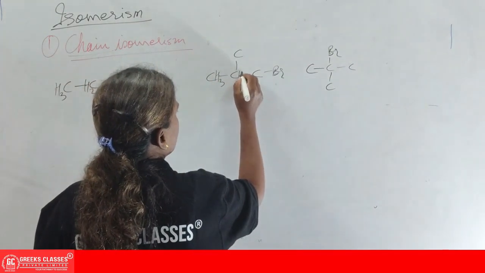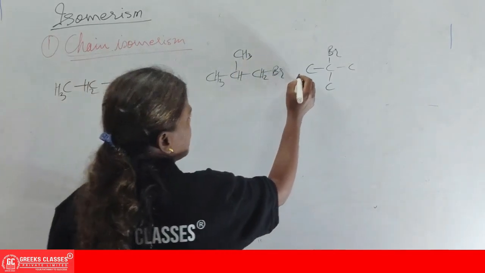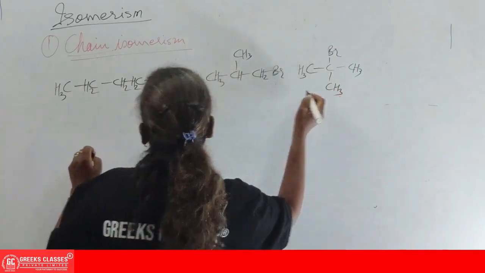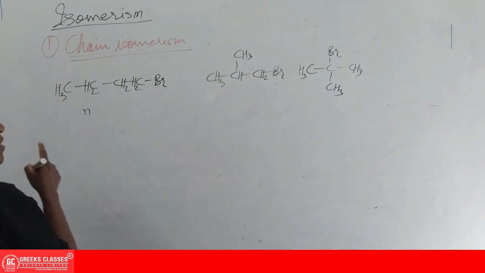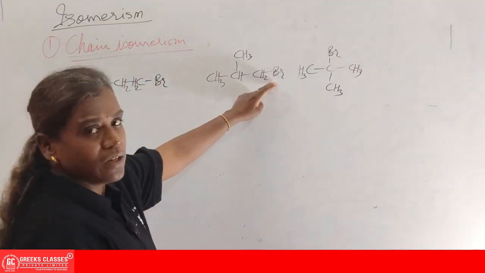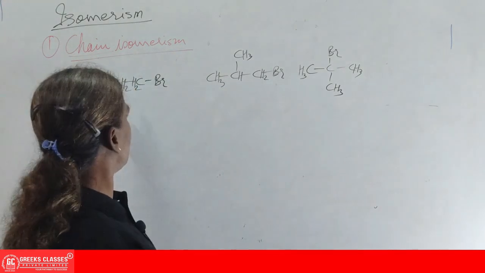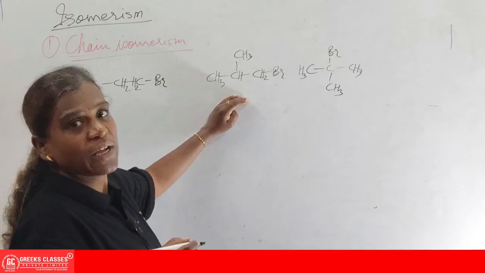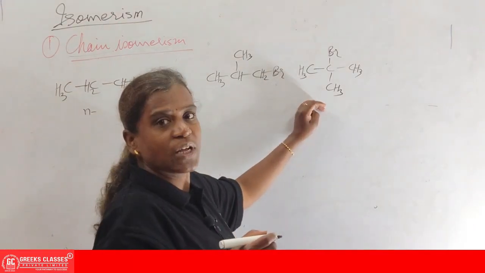Focus on carbon arrangement. In the first case it is N. Why will the N prefix come? Because it is a straight chain with the bromine on it. But in the next one the carbon chain is not N, it is isobutyl, and this one is tertiary butyl.